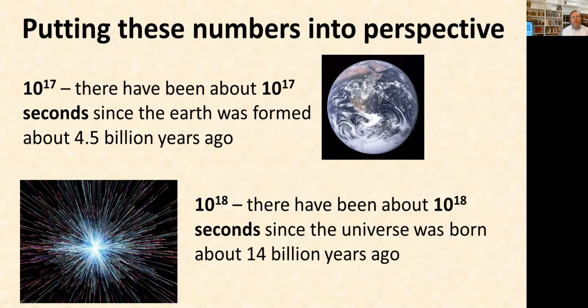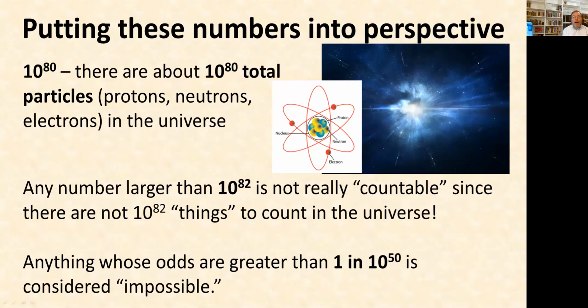So let's put these numbers into perspective. The Earth has been around for about 4.5 billion years, and there have been about 10 to the 17th seconds in that time. God created the universe in the Big Bang approximately 14 billion years ago, and there have been 10 to the 18th seconds since then. How about all the particles in the universe?